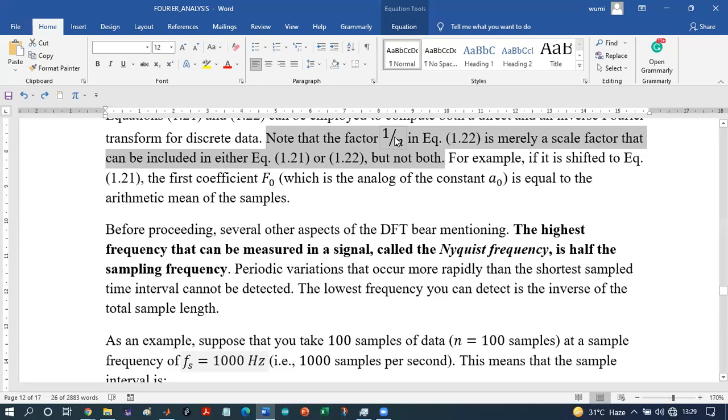So this is equal to, let me just write it.